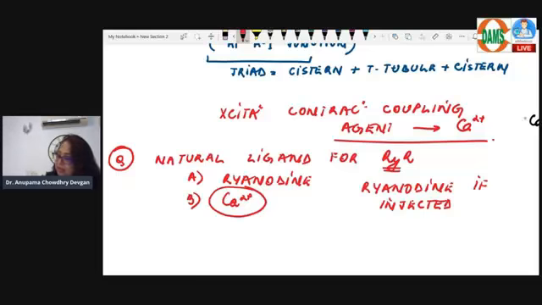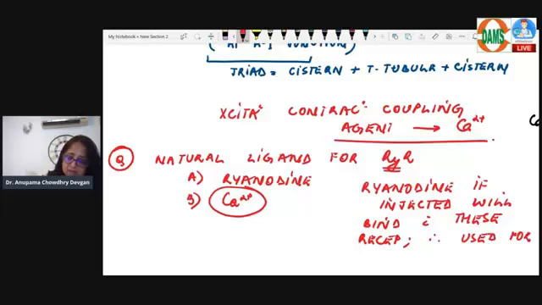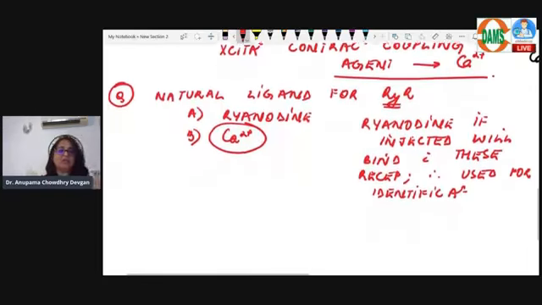Ryanodine, if injected, will bind with these receptors, and that is used for identification of these receptors. That is why they are known as ryanodine receptors. But the natural ligand for the ryanodine receptor is calcium, not ryanodine.